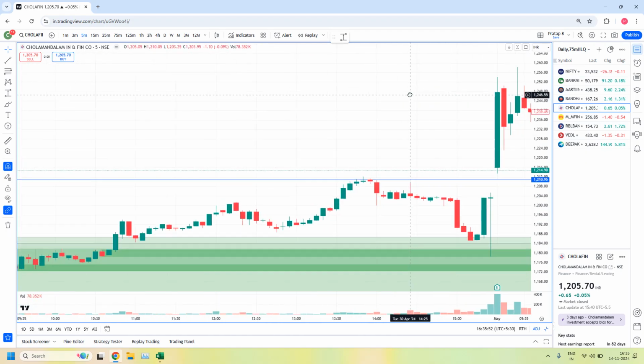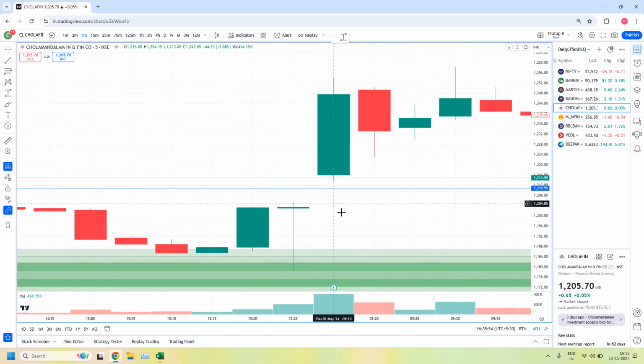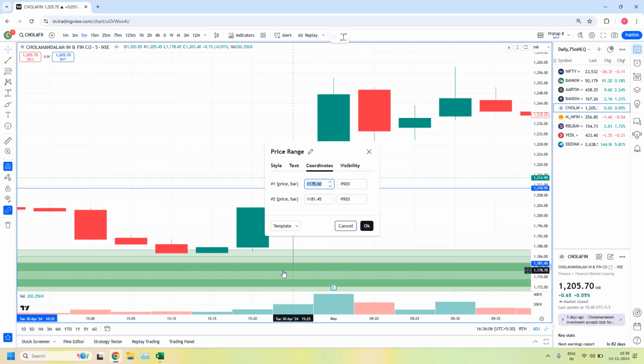Maybe next time you would have preferred, but it reached almost near to the distal line. See, what is the low of this candle? Observe. The low of this candle is 1178.60 paisa.